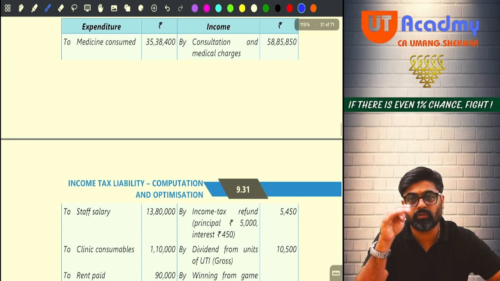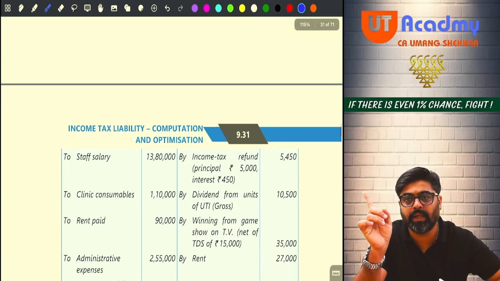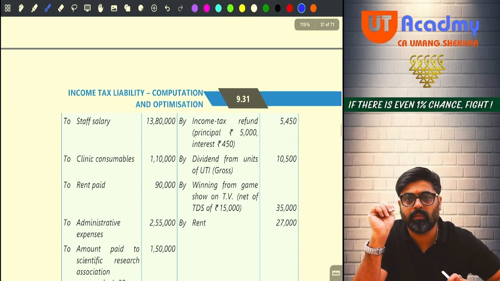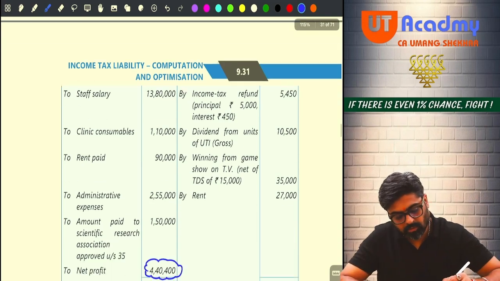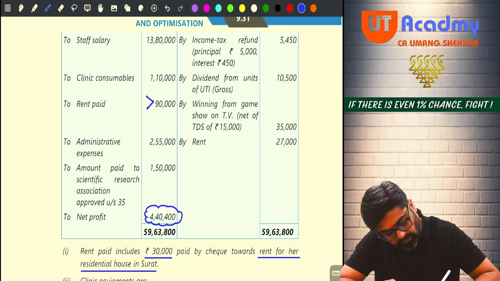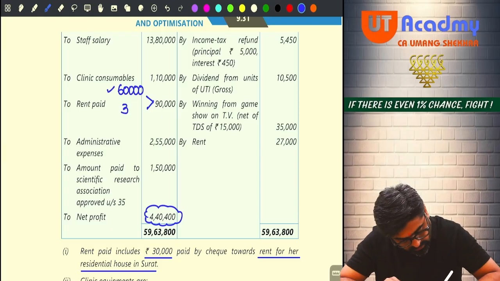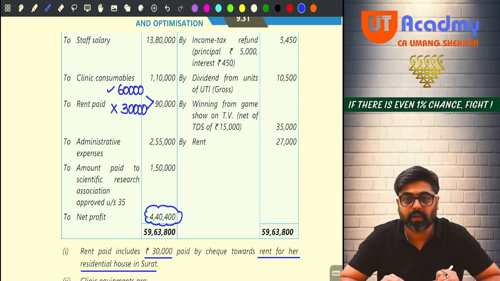Out of that, 30,000 is personal. Will that be allowed or disallowed? Disallowed. Only the balance 60,000 will be allowed. So two splits. The 30,000 relating to the residential house will not be allowed, but the balance 60,000 will be allowed.